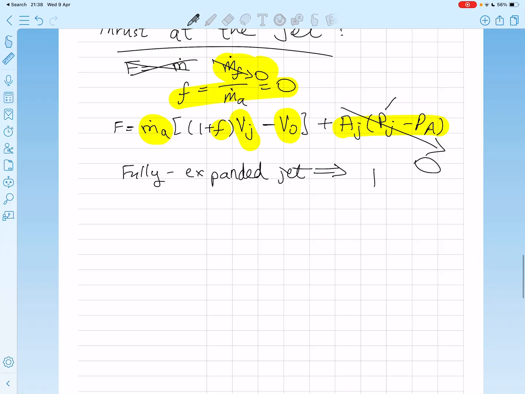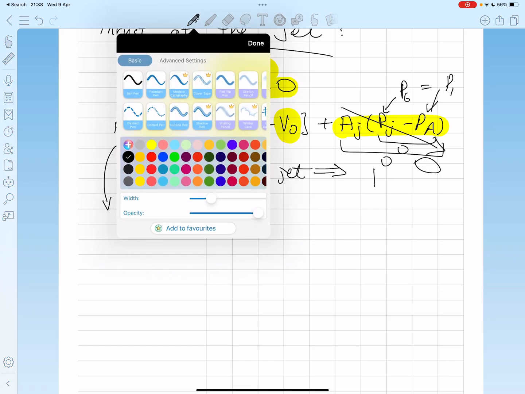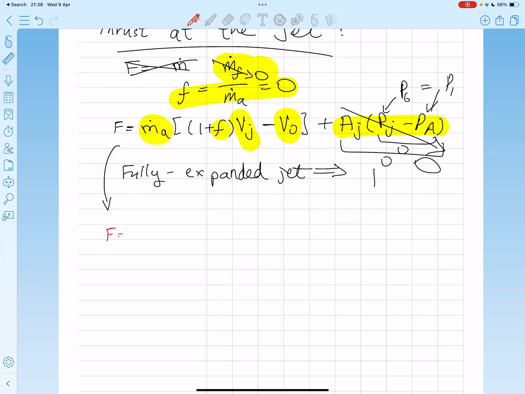Where Pj is P6 and this is P1 and they're equal. So if they're equal, they cancel each other out. This term goes to 0, so this entire term goes to 0. So the thrust is just left as, this is 0 as well.